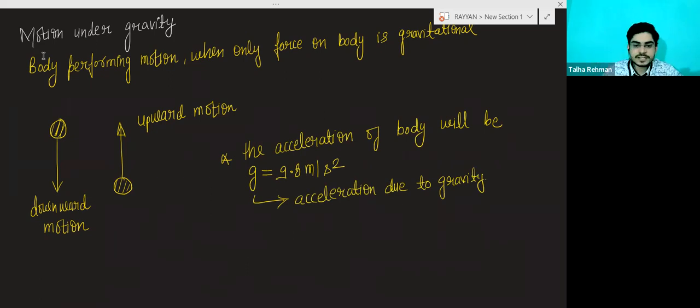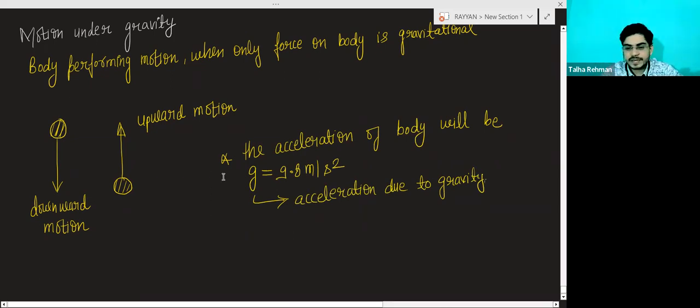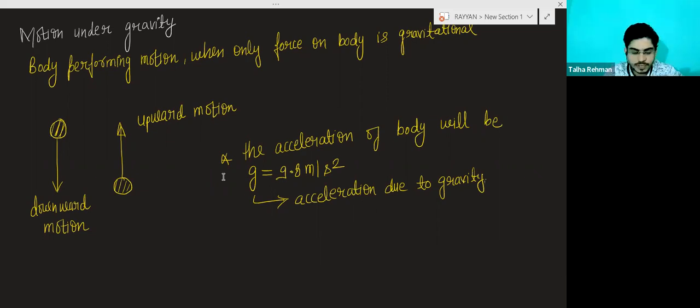This acceleration due to gravity does not depend upon the size or the shape of the body. No matter whether you are throwing this mobile phone, this laptop, or this bottle in the air, the acceleration of the bottle, the mobile phone, and the laptop will be g.